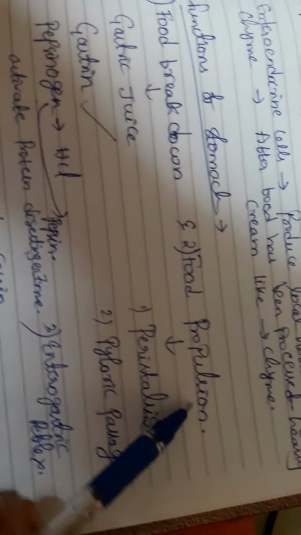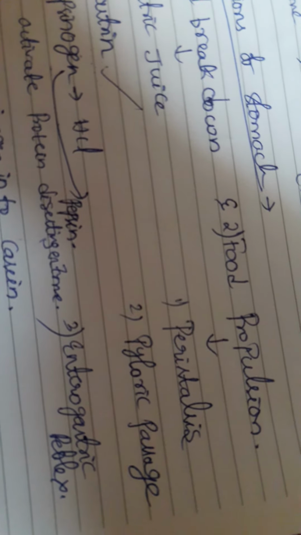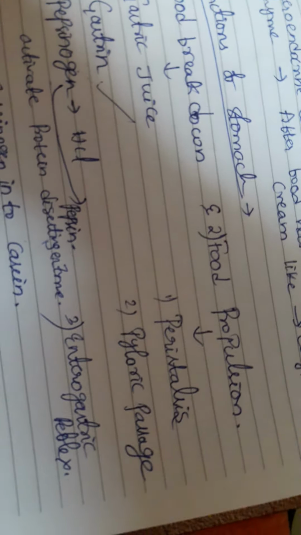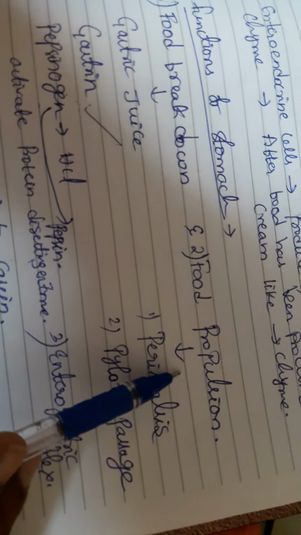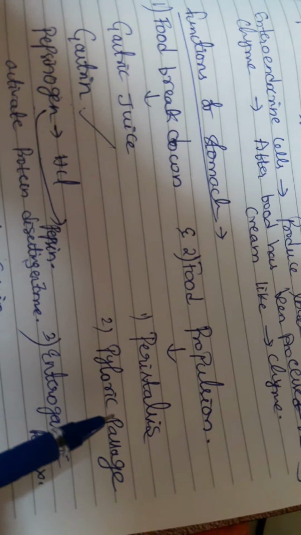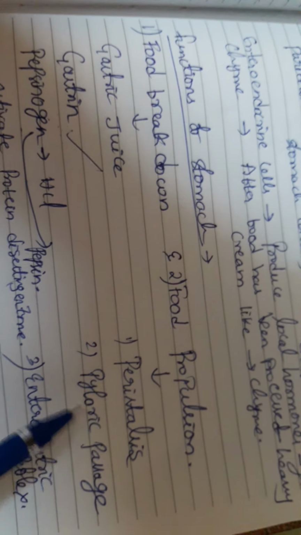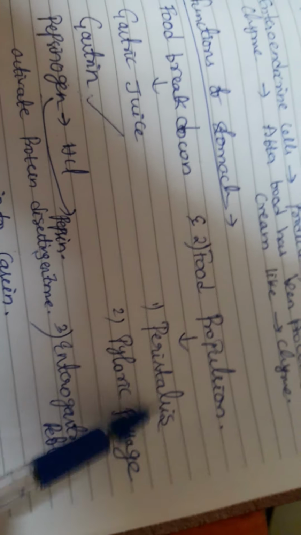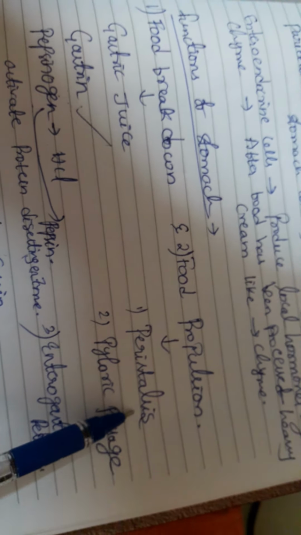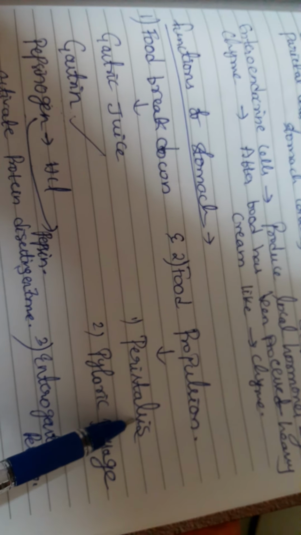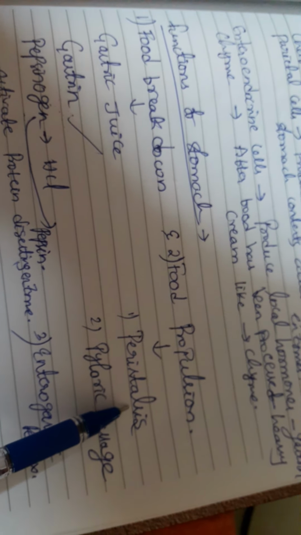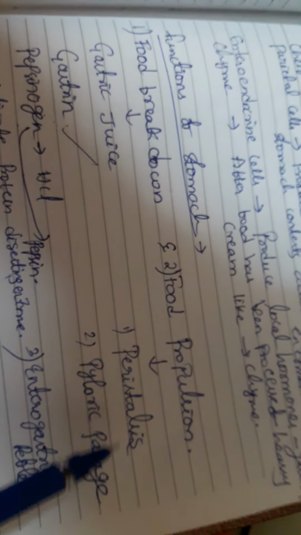Next, coming to the food propulsion. Food propulsion is nothing but movement. Mainly peristalsis is responsible for the movement of food towards the digestive site until the intestines. What is meant by peristalsis? Once the food has been well mixed, a rippling peristalsis begins in the upper half of the stomach, and contractions increase in force as the food approaches the pyloric valve.